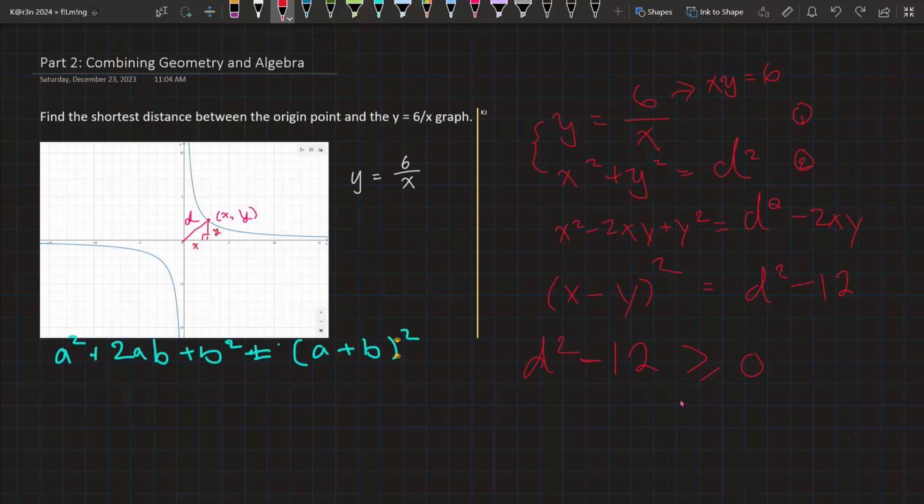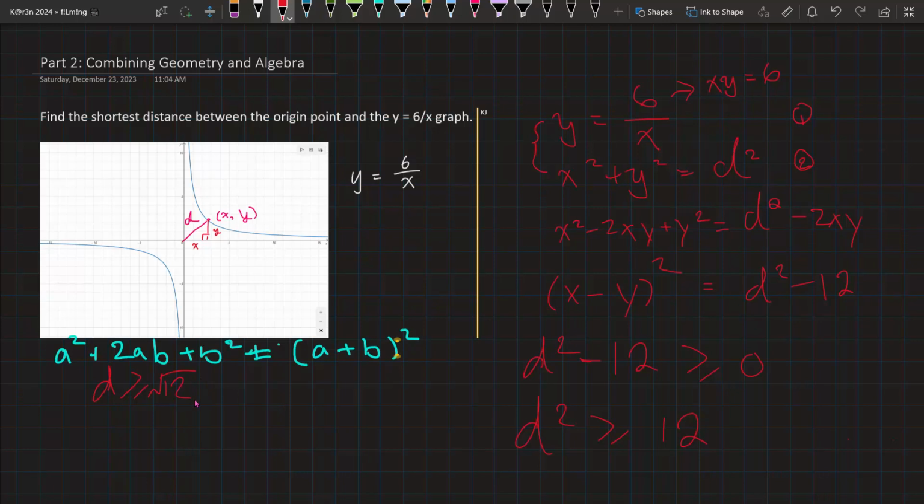So that itself must also be greater than or equal to 0. From that, we can solve for inequalities. And by adding 12 onto both sides, we have d squared is greater than or equal to 12. Then we can take the square root of both sides, which gives us d is greater than or equal to the square root of 12.